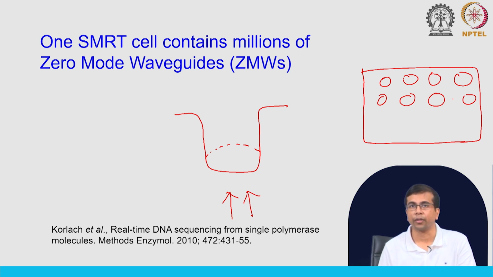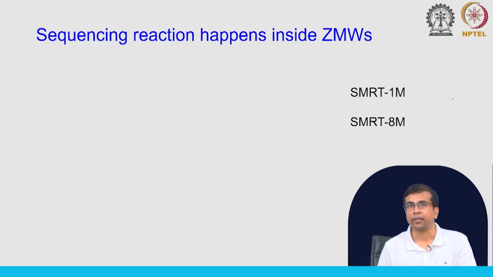So, sequencing actually happens inside these ZMWs. One of the terms I will introduce is that we will see SMRT1M, SMRT8M. It simply tells us how many ZMWs are present inside the SMRT cell. 1M means 1 million ZMWs per SMRT cell, 8M is 8 million ZMWs per SMRT cell.